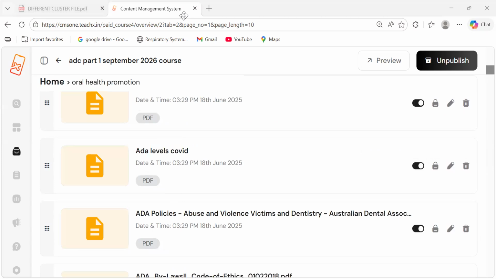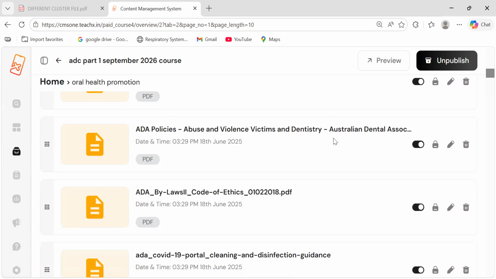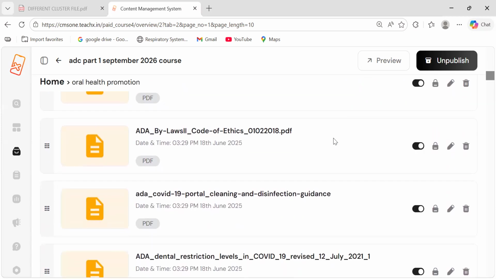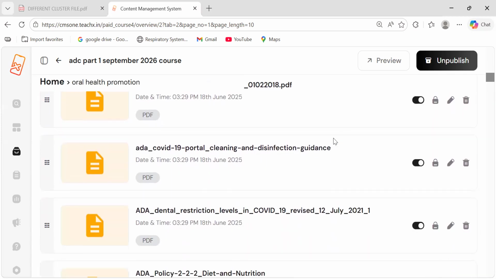Okay. So what comes in health promotion? Different COVID levels, abuse and violence, different codes of ethics.